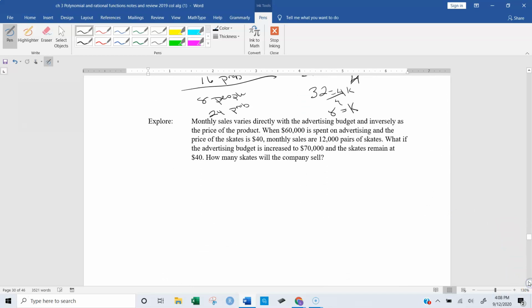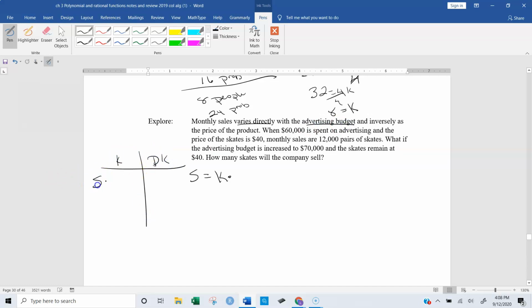Okay, another one. Pause and try it. Okay, monthly sales varies directly. So I know sales varies directly, so I'm multiplying with advertising budget. All right, we need to get a chart going here.